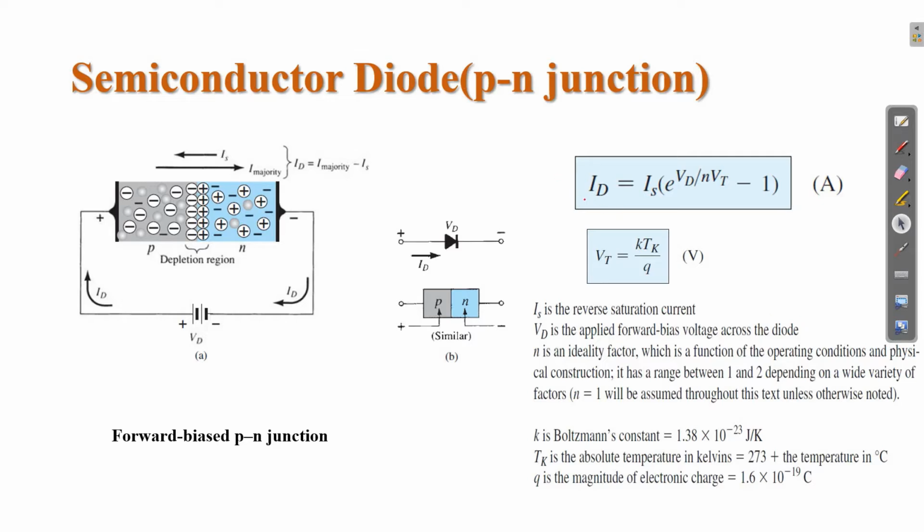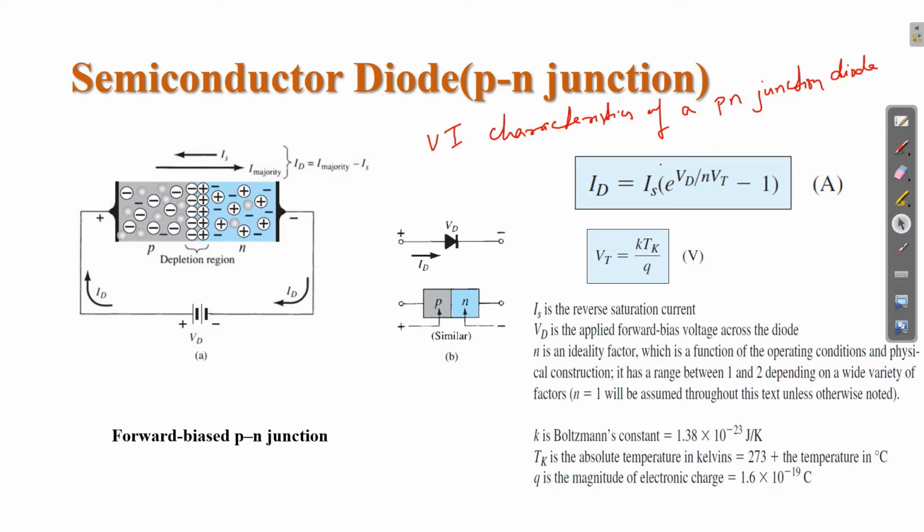We plot this relationship in the form of a curve, and this curve, which basically relates ID with VD, is called the VI characteristics of a PN junction diode.